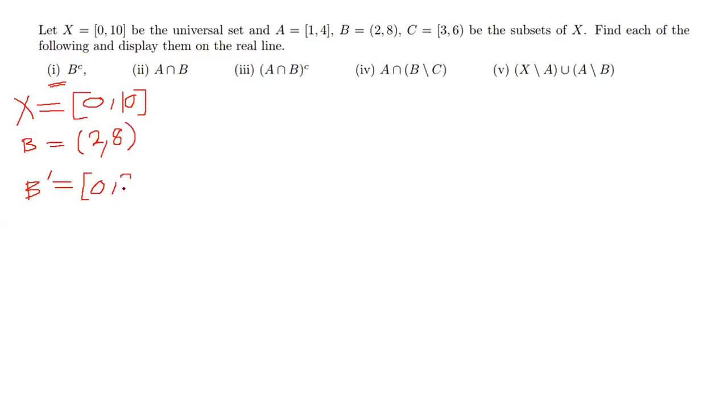Now, which kind of bracket am I going to put at the end of this 2? Look at these brackets here. They are telling us that 2 is not part of B, meaning 2 is part of set B complement. So if 2 is part of B complement, we're going to use this kind of bracket to show that this 2 is part of B complement.